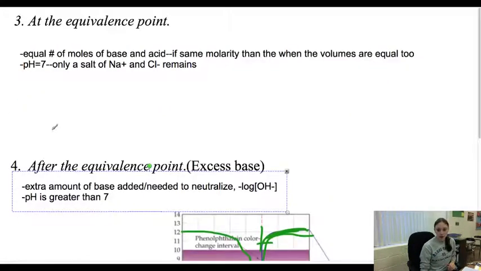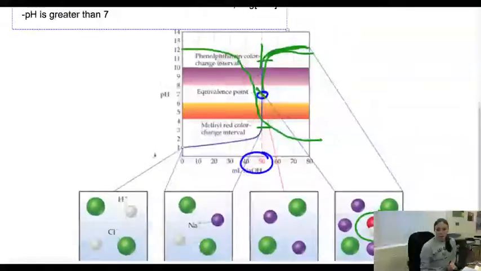Okay, the last thing is indicators in pH. Color changes very rapidly at my equivalence point, so you have to make sure that you have the right indicator. The best kind of indicator is one that changes color over the rapid rise section. If we look back at the strong acid, strong base picture, notice that phenolphthalein changes between 8 and 10.